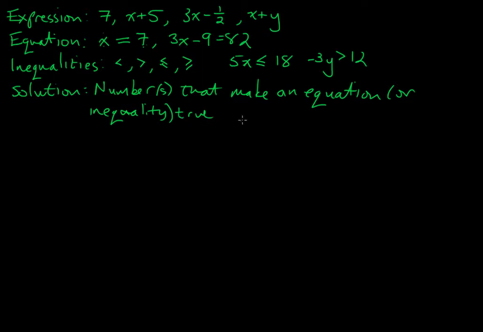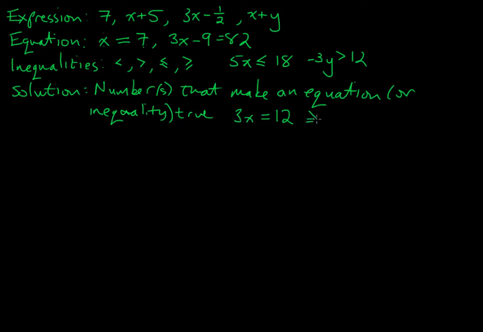So for example, look at the equation 3x equals 12. Well, what this is saying is 3 times some number equals 12. These two sides of this equation are equal. In order to make that a true statement, what does x have to be?